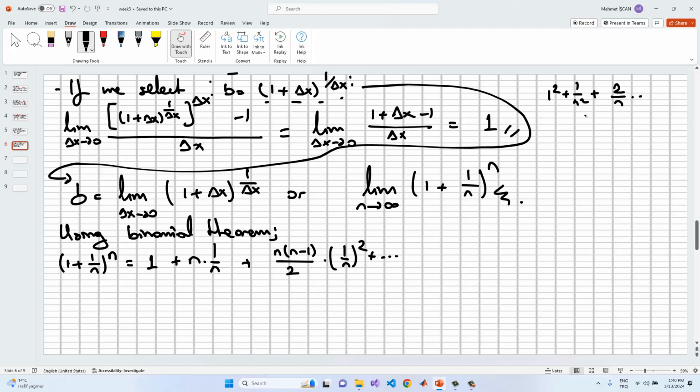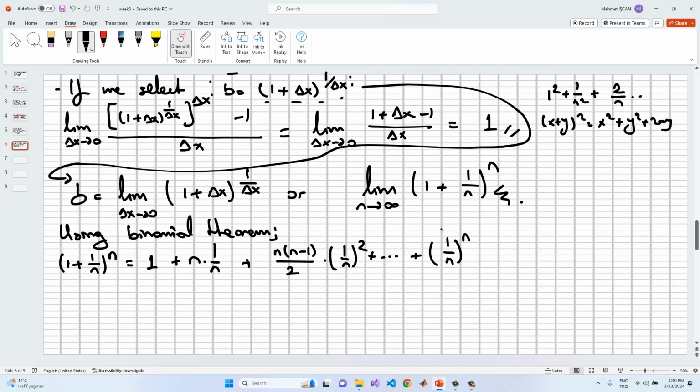Do you know that (x plus y) squared is equal to x squared plus 2xy plus y squared? This is the binomial theorem. We can expand all the terms with these coefficients. Newton wrote these terms, and always we have the 1 divided by n.